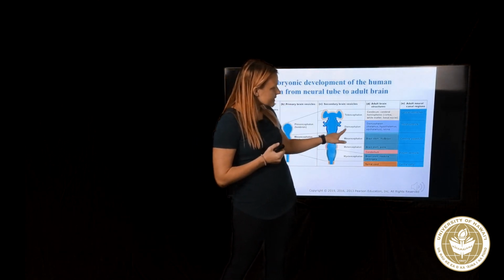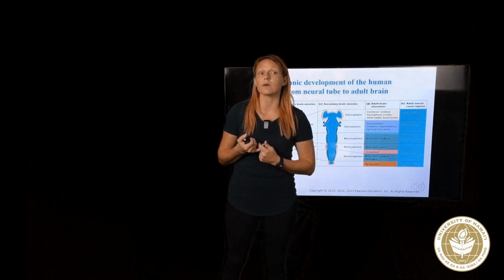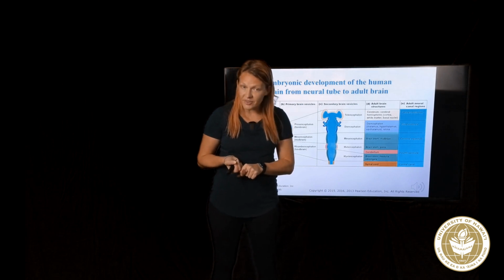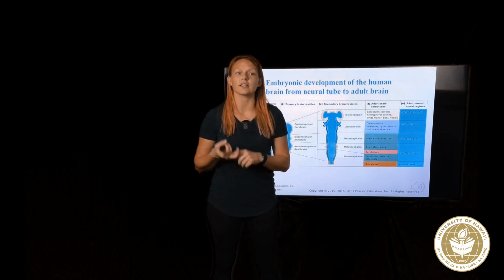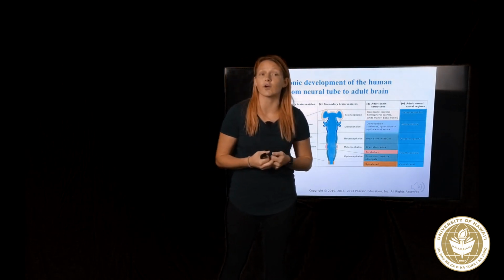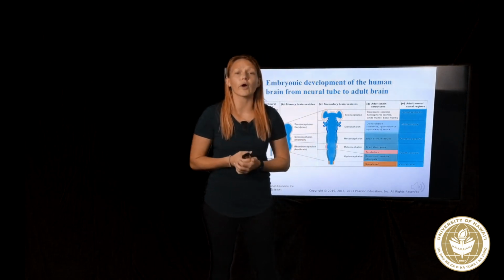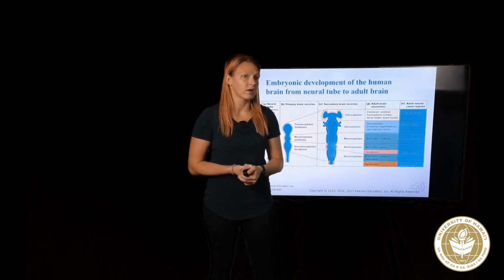Then this diencephalon is going to become the thalamus, hypothalamus, epithalamus, and the retina. So that's all the posterior regions of your brain that are controlling a lot of your emotions and more complex parts of movement.